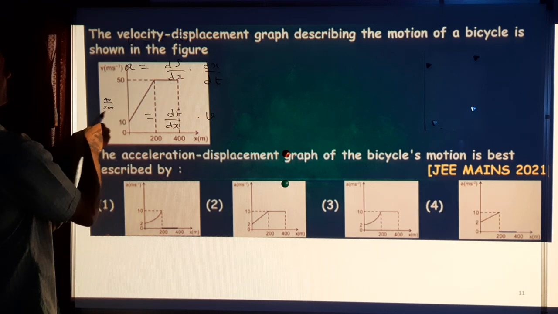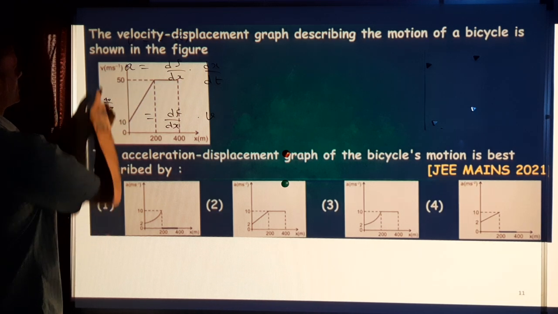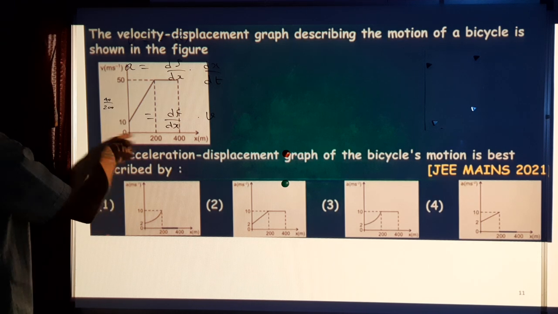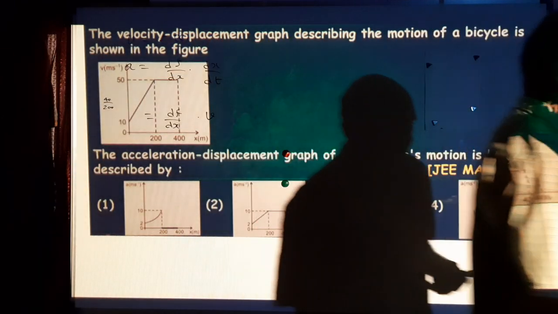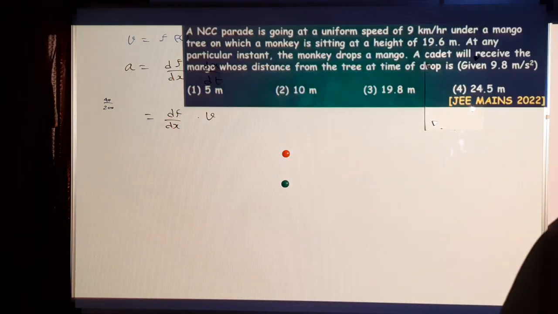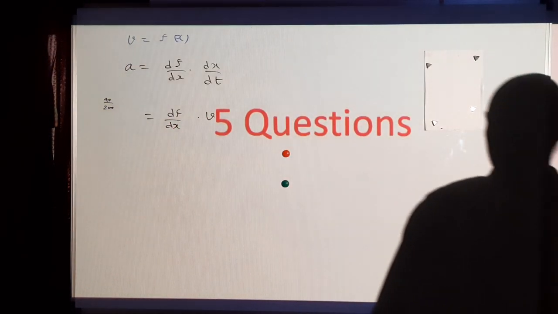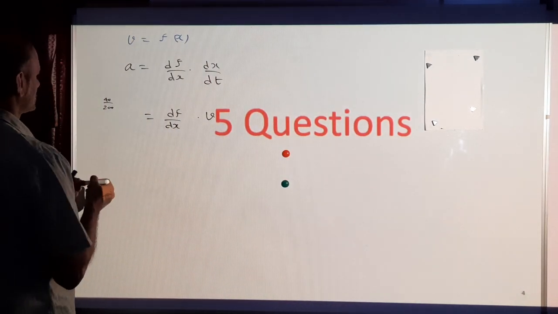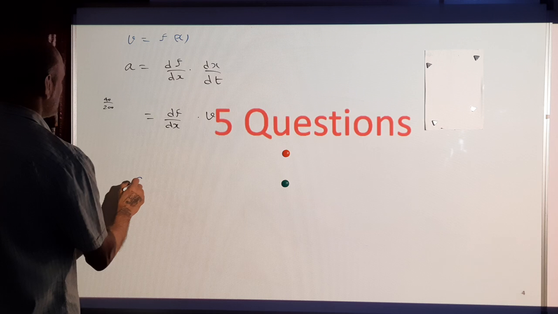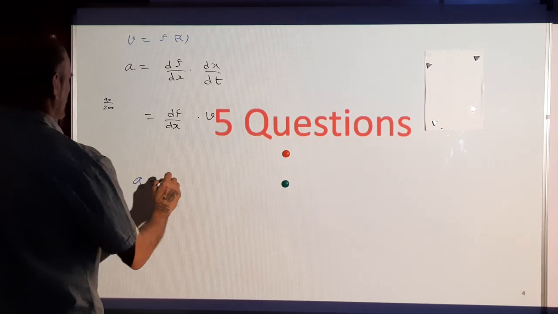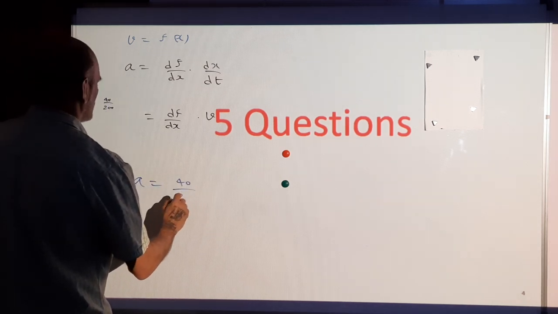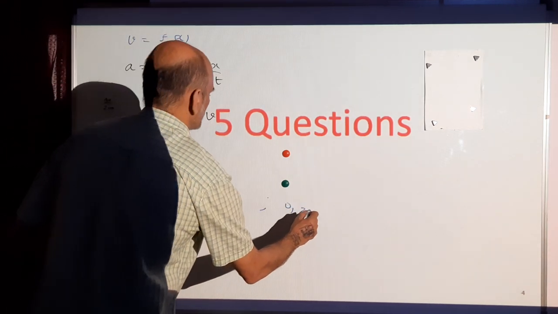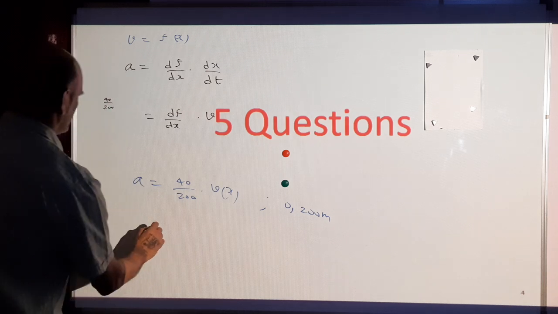This is climbing up at a rate of 40 by 200 SI units, from 0 to 200 meters. So this acceleration will be 40 by 200 into velocity as a function of x for 0 to 200 meters, the first part. And for the second part, it is 0.